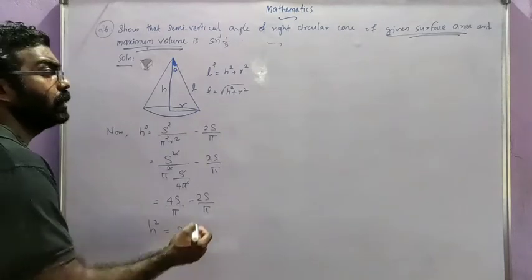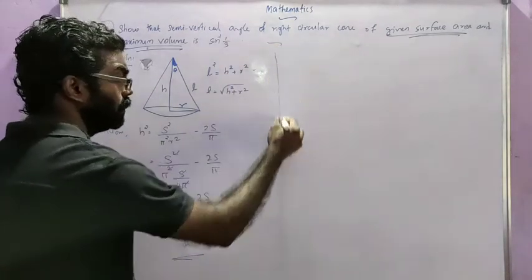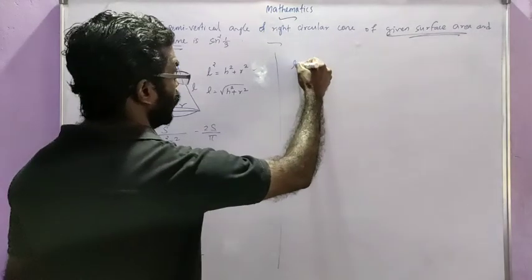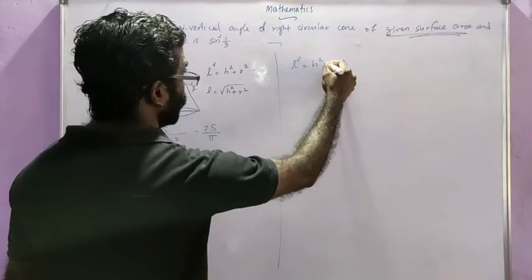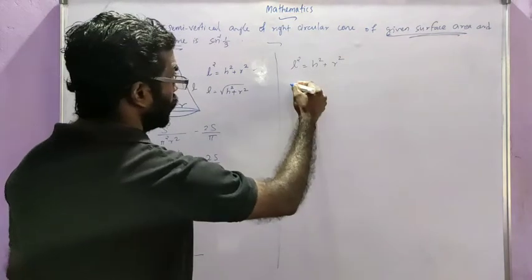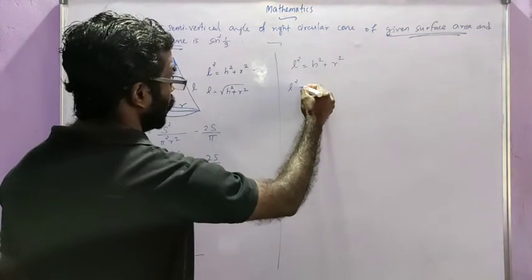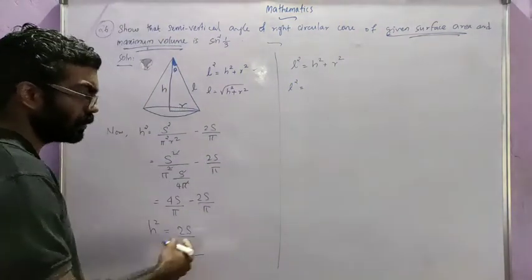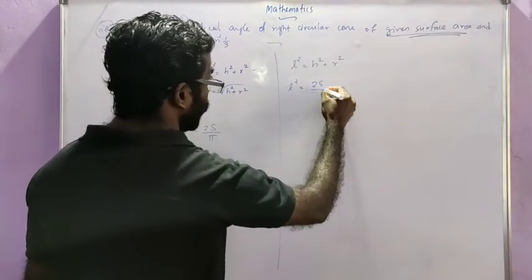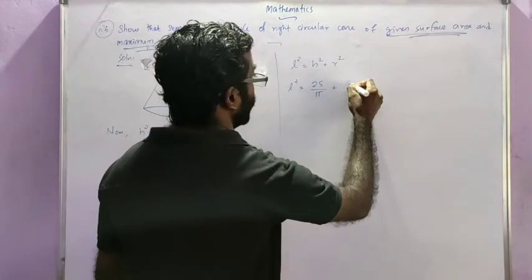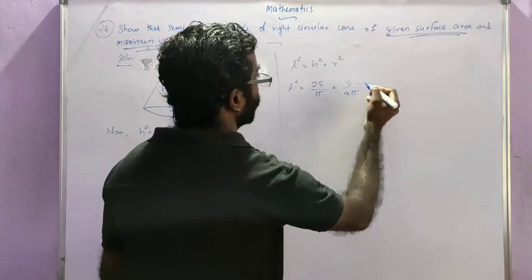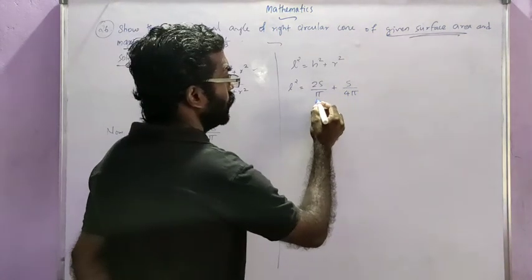Now we can replace this value in this equation. l square equal to h square plus r square. That is l square equal to h square, h square is 2s by pi and r square is s by 4 pi. First of all, we can make the denominator same.